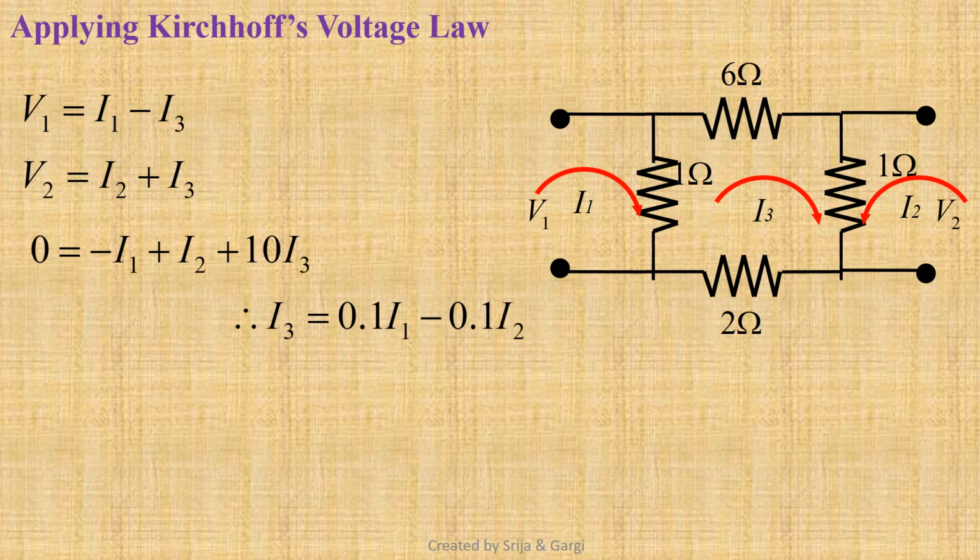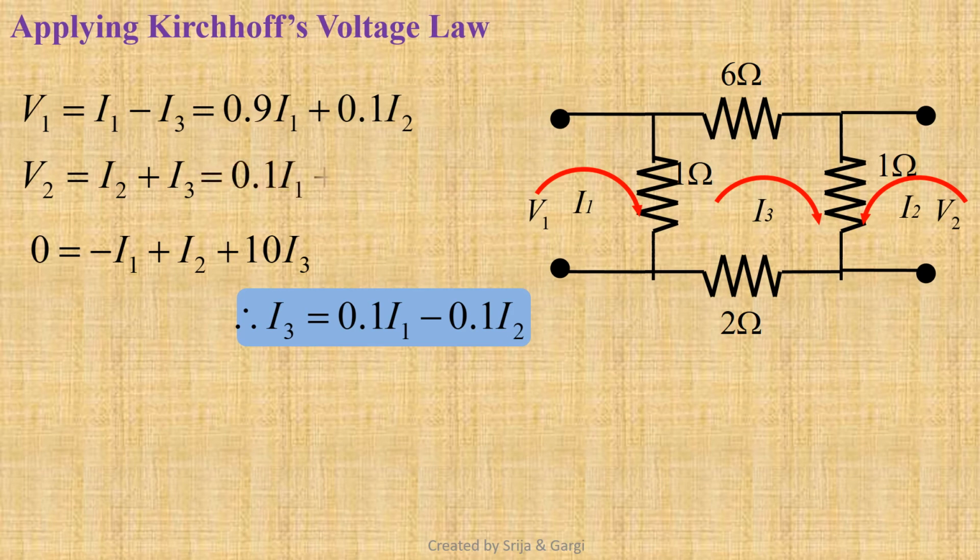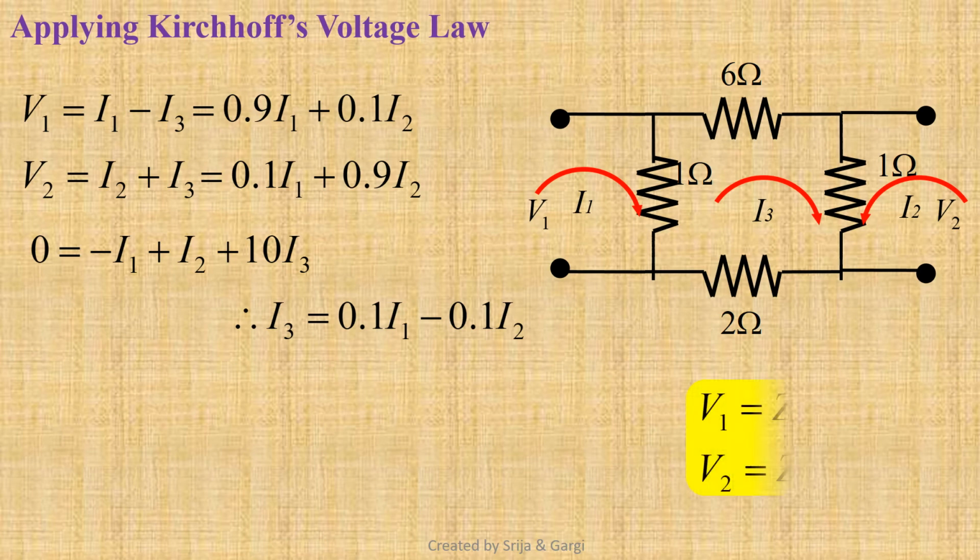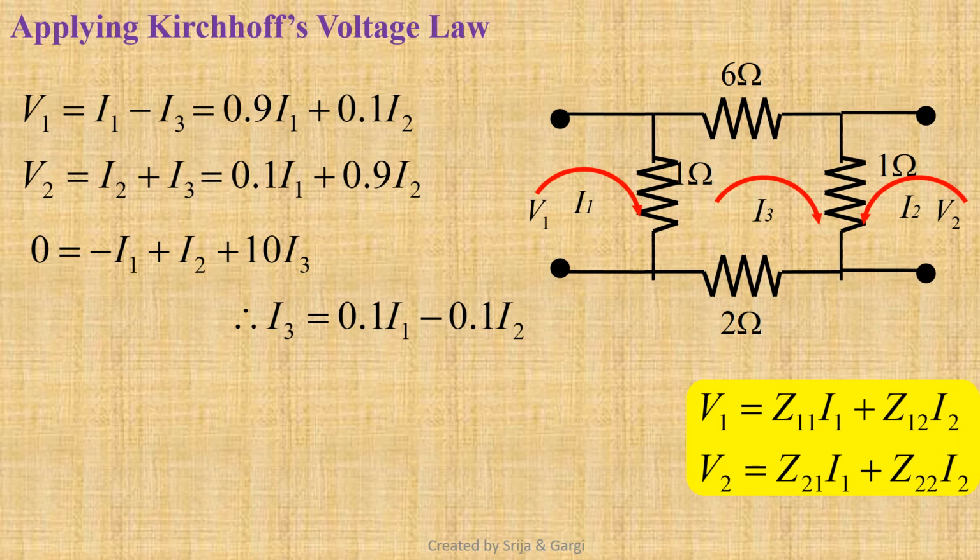Using this expression in equation number 1, we get V1 equals 0.9 I1 plus 0.1 I2. From equation number 2, we get V2 equals 0.1 I1 plus 0.9 I2. The linear equations we used to describe any two-port network using Z parameters were V1 equals Z11 I1 plus Z12 I2 and V2 equals Z21 I1 plus Z22 I2.